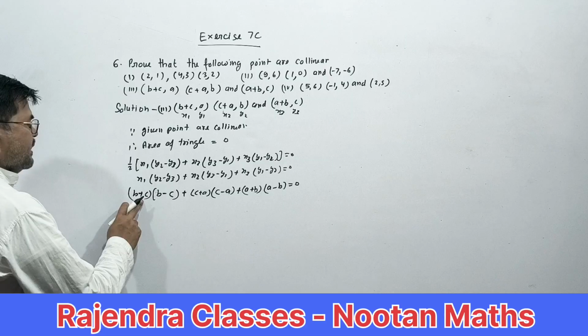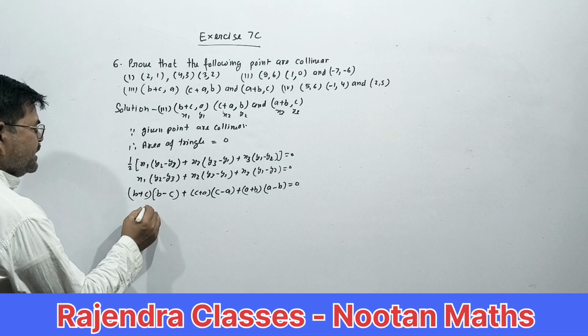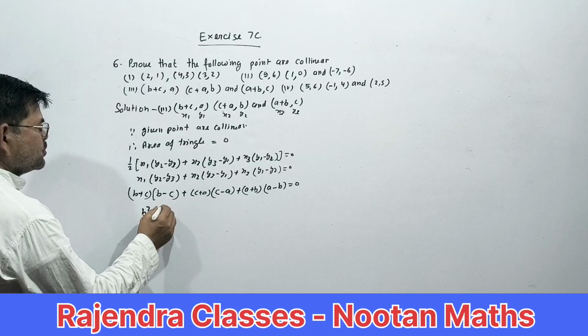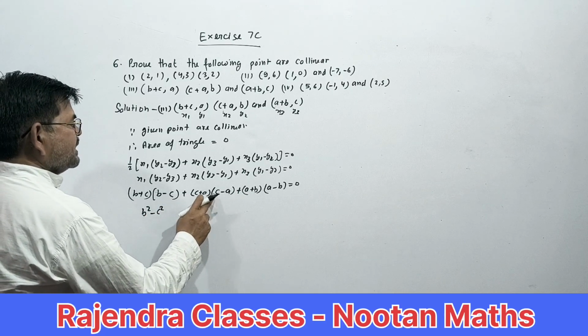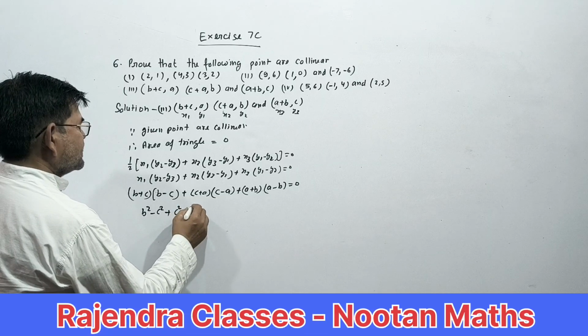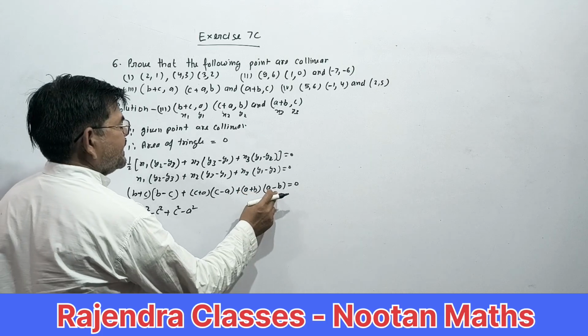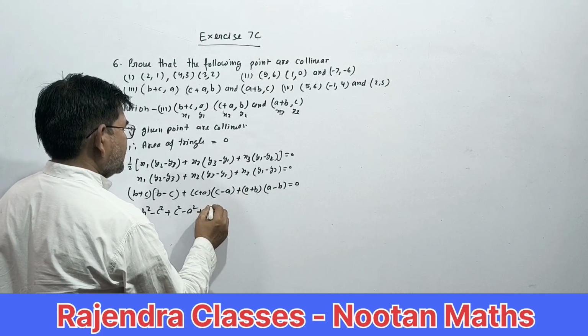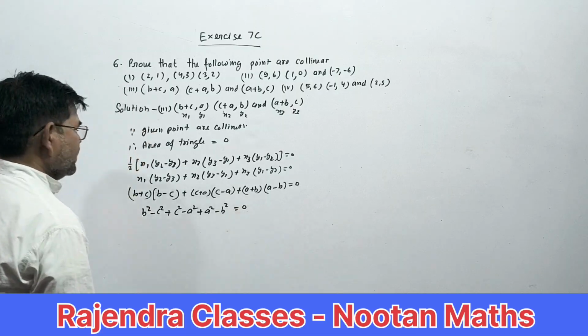Here see a plus b and a minus b, so b square minus c square. Here we see c plus a, c minus a, so c square minus a square. We here see a plus b and a minus b, we write a square minus b square is equal to 0.